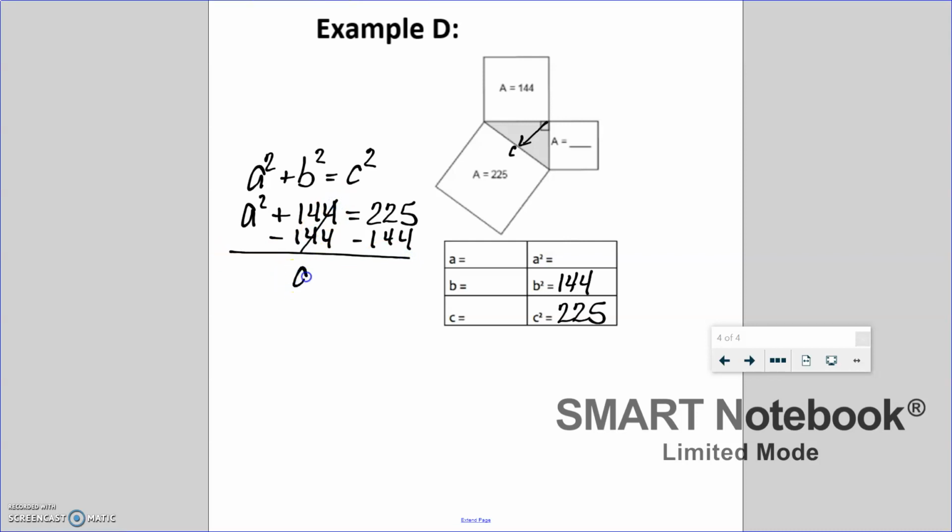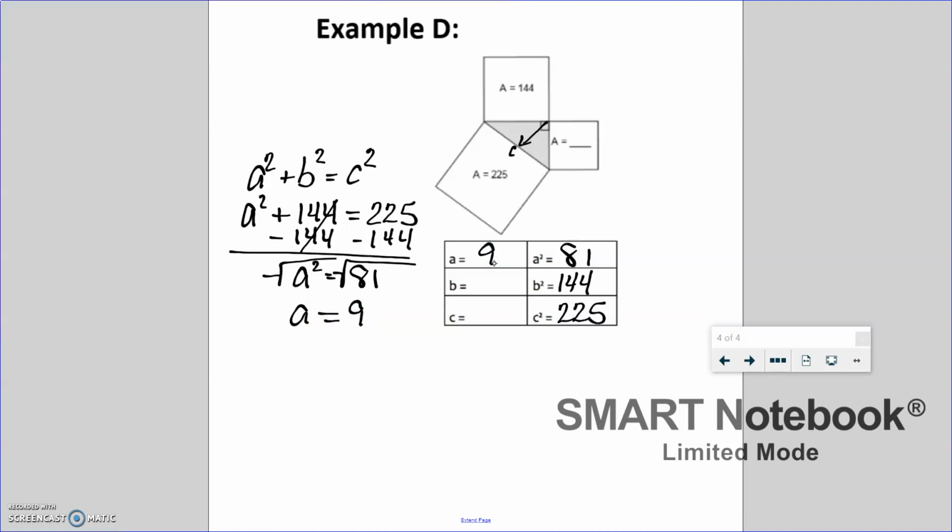That cancels. A squared is equal to 81. So we know A squared is equal to 81, but we want to get A by itself because we're looking for that missing side. So I'm going to find the square root. The square root of 81 is 9. So that missing side is 9.